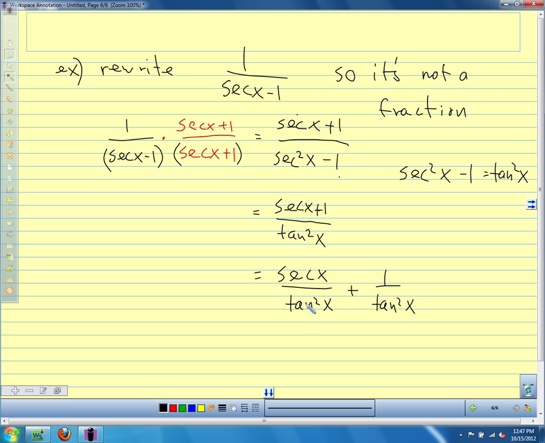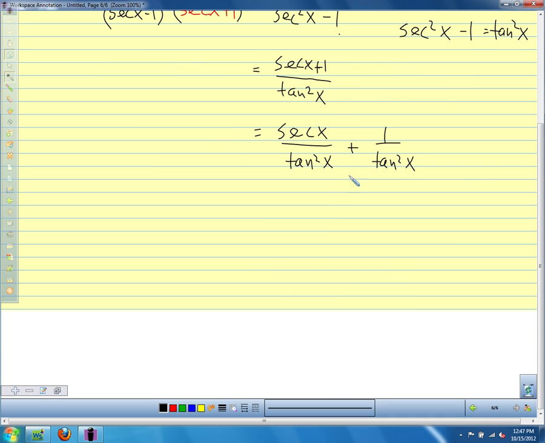And now I just write everything in terms of sines and cosines. This is 1 over cosine x over sine squared x over cosine squared x, plus 1 over tangent squared x is cotangent squared x.